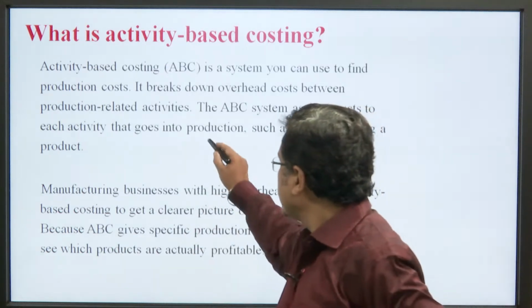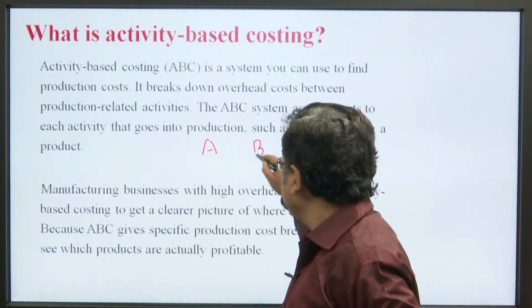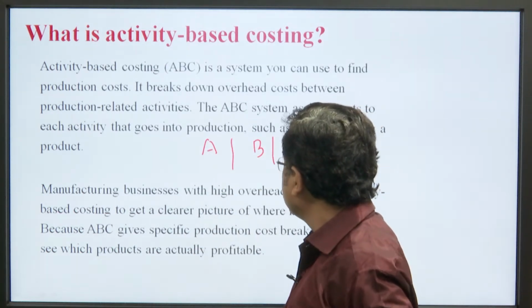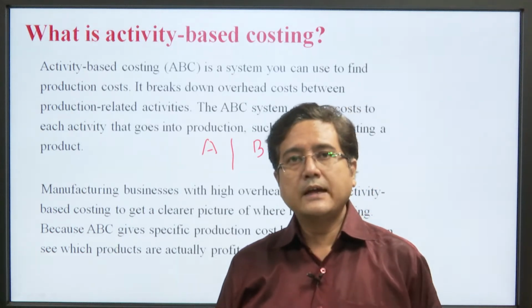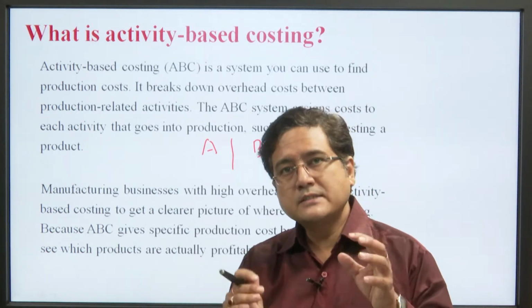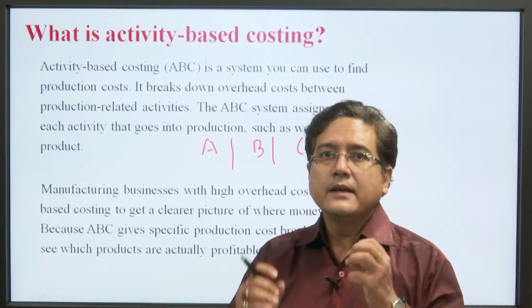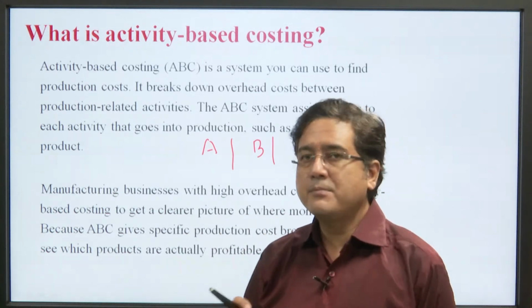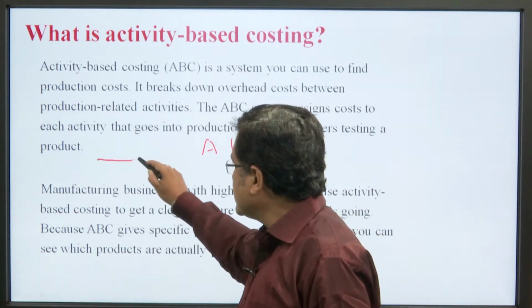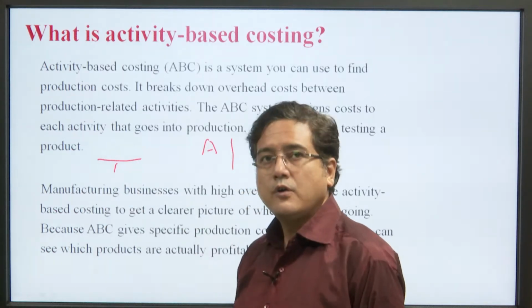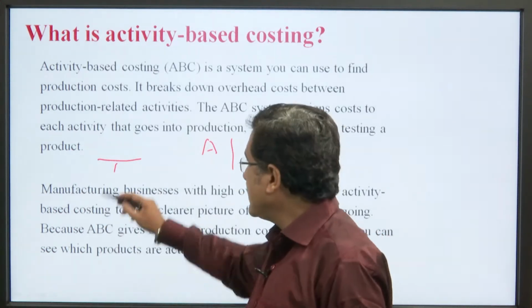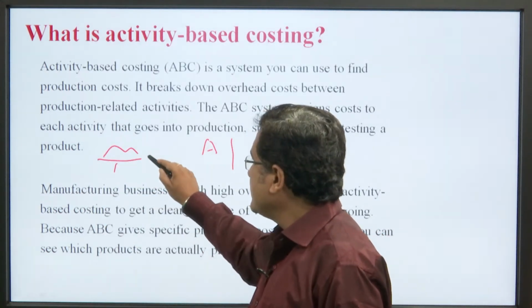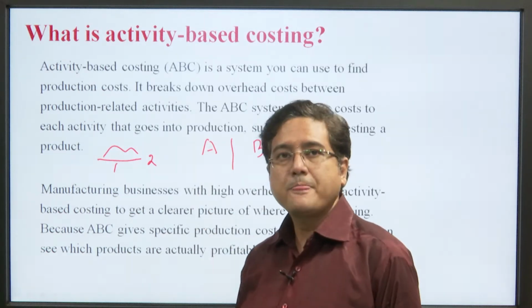So, in ABC we categorize what activity is going to be done in the various products, and in this product stream. Like, this is the first step or first process of any production. What is the cost of that? You say 2 rupees per unit.